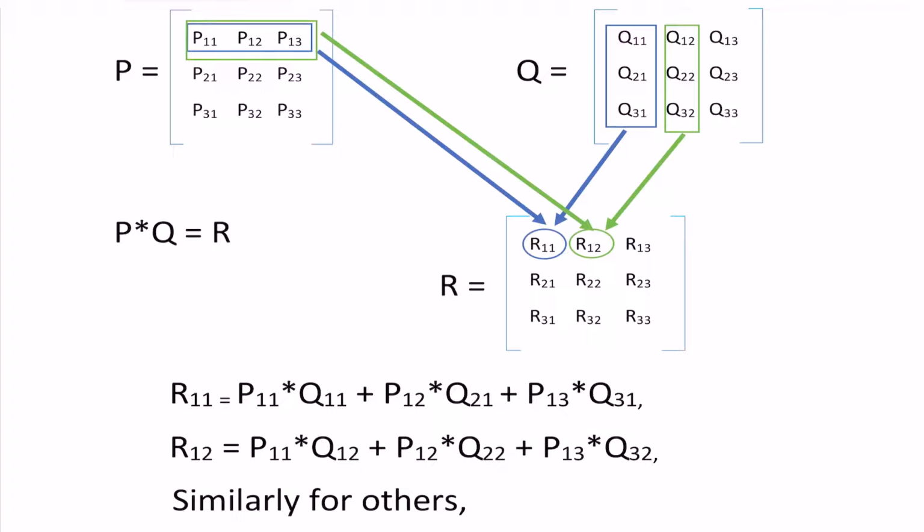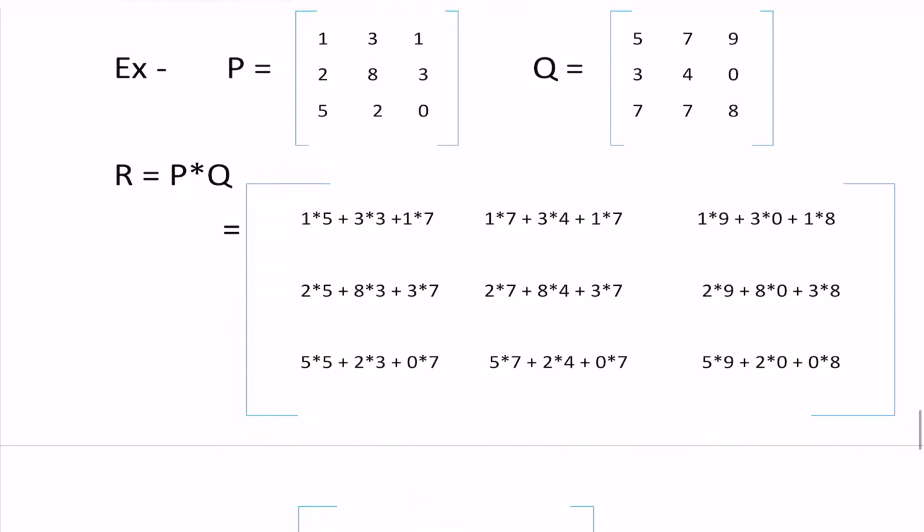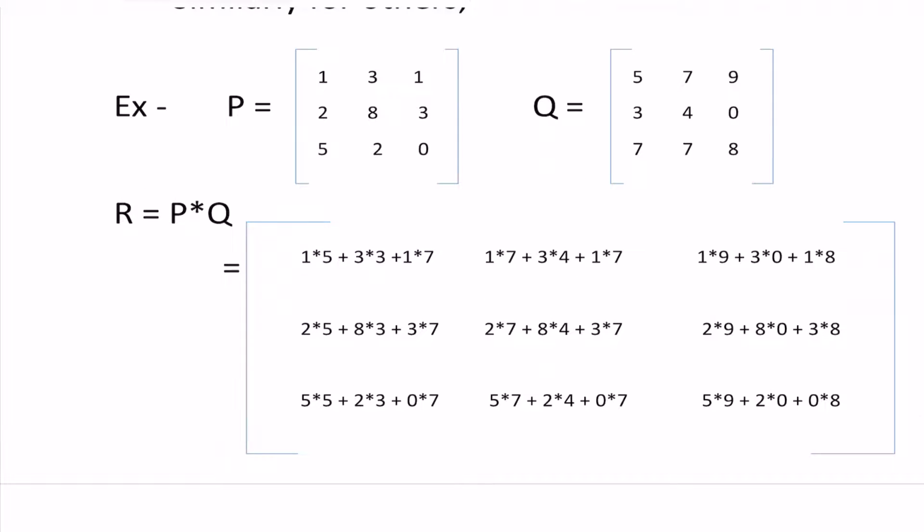Similarly, for R12, the first row of the first matrix is going to multiply with the second column of the second matrix. Similarly for the others. Now take the real example. So this is the P value and this is the Q value. So what is going to happen? For R11: 1 into 5, 3 into 3, and 1 into 7.